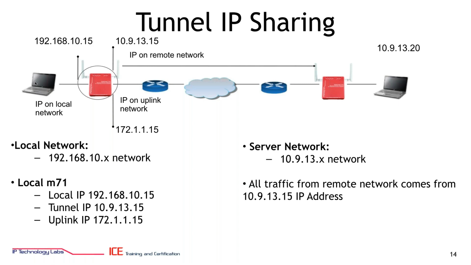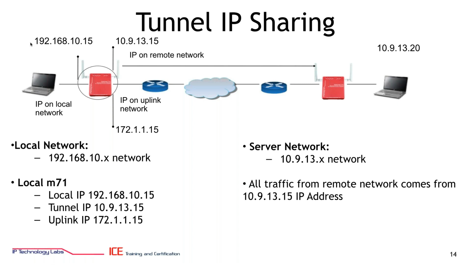So now let's say my laptop has a 192.168.10.10 address. If it tries to access the laptop on the right side, 10.9.13, its traffic will go to its IpTL device. It will get routed out its tunnel and will get NATed using the IP address that it received from the head office network. So what this laptop on the right side sees is a packet to 10.9.13.20 from 10.9.13.15.